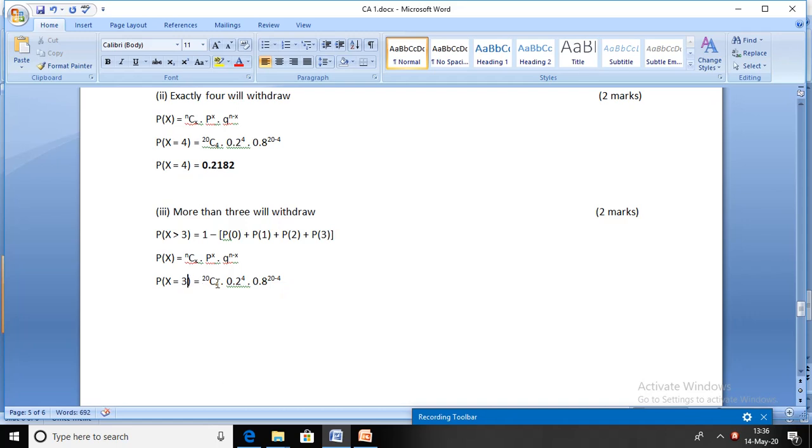Probability of x equals 3. Where there is x, put 3. The rest of the values remain the same. So this is going to equal 20 combination 3 multiplied by 0.2 to the power 3 multiplied by 0.8 to the power 17.